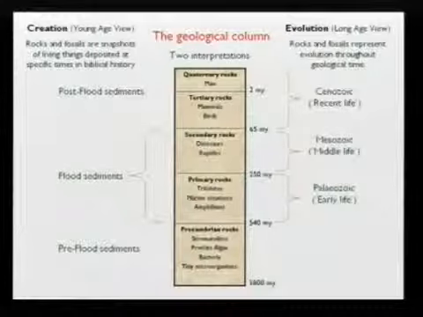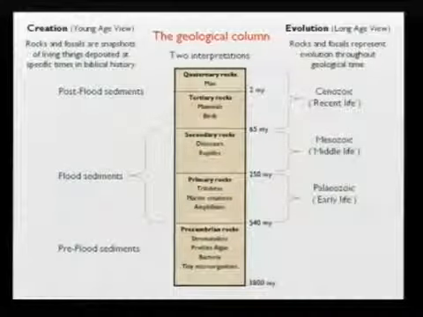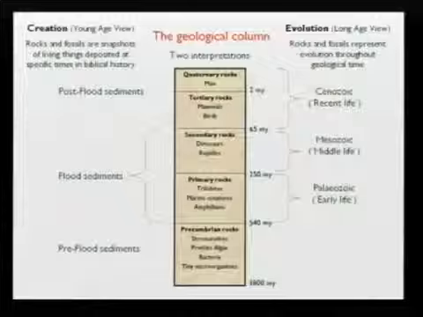In other words, we observe today the laying down of sediments in modern-day rivers, lakes, oceans and deserts, and we assume that the ancient fossil-bearing sediments, like those that we see exposed at Grand Canyon, were formed by similar processes and at similar rates and intensities to those that operated in the past. What is normal or average today is assumed also to have been normal or average in the past.